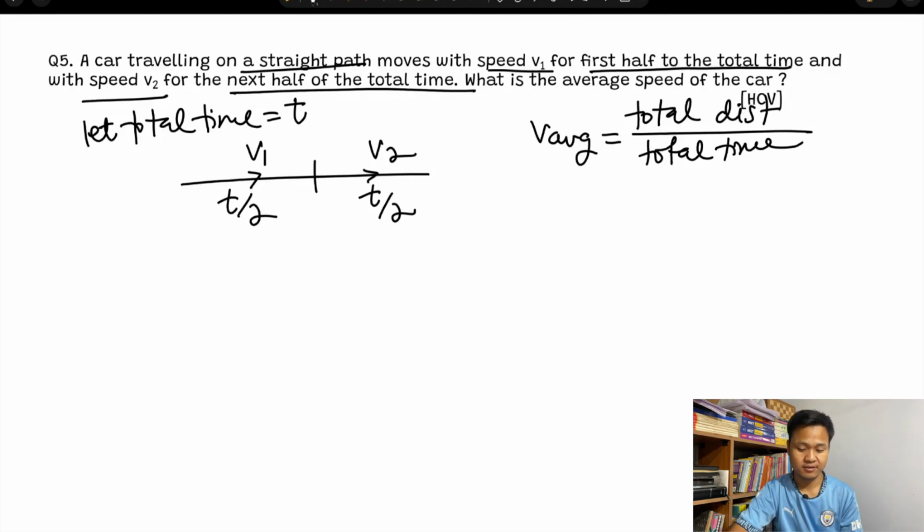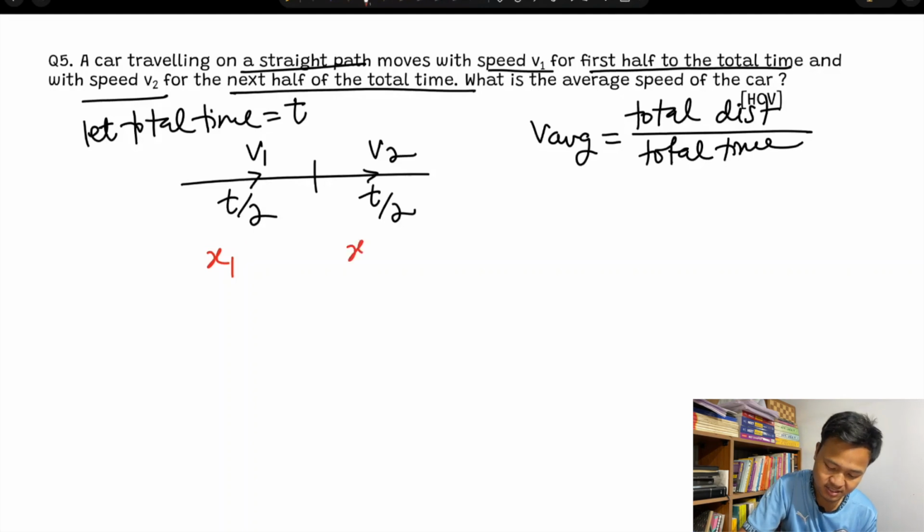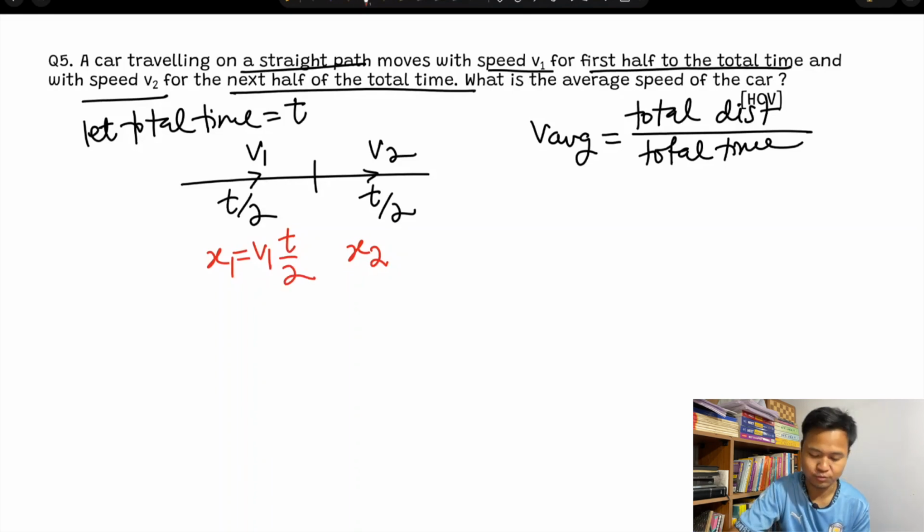Okay, so now we have to find total distance. So let's say the first part is x1. Okay, the distance traveled in the first half of the total time is x1, and in the next half of the total time is x2. The formula is distance equals speed into time. So x1 is speed v1 into time t by 2.